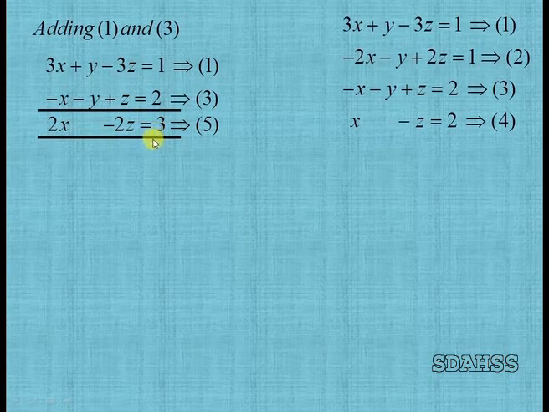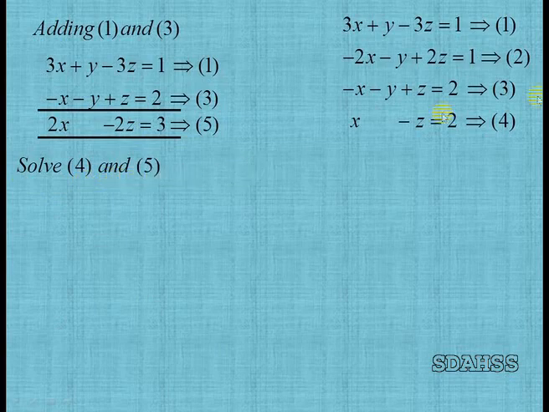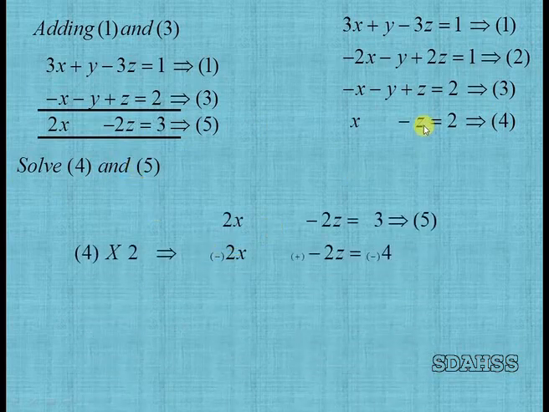Now solve the fourth and the fifth equation. Keep the fifth equation as it is. Multiply the fourth equation by 2. If you multiply the fourth equation by 2, you will get 2x minus 2z equal to 4. Then change the sign.